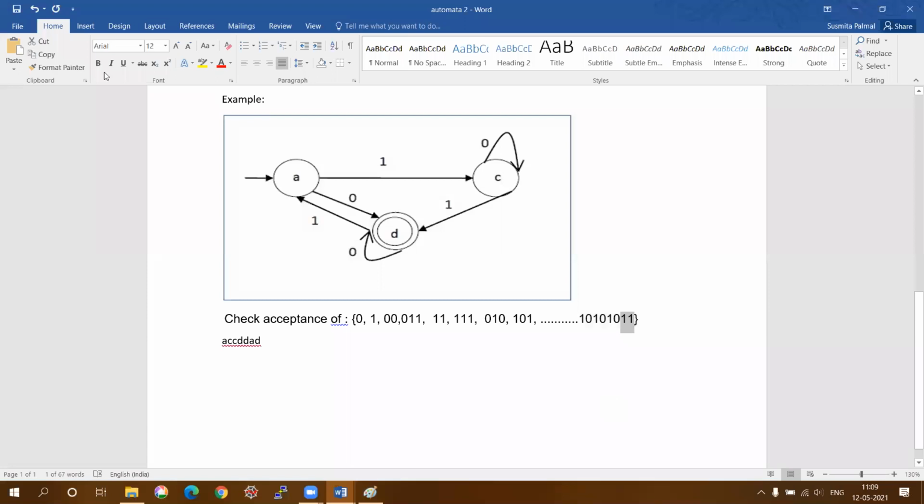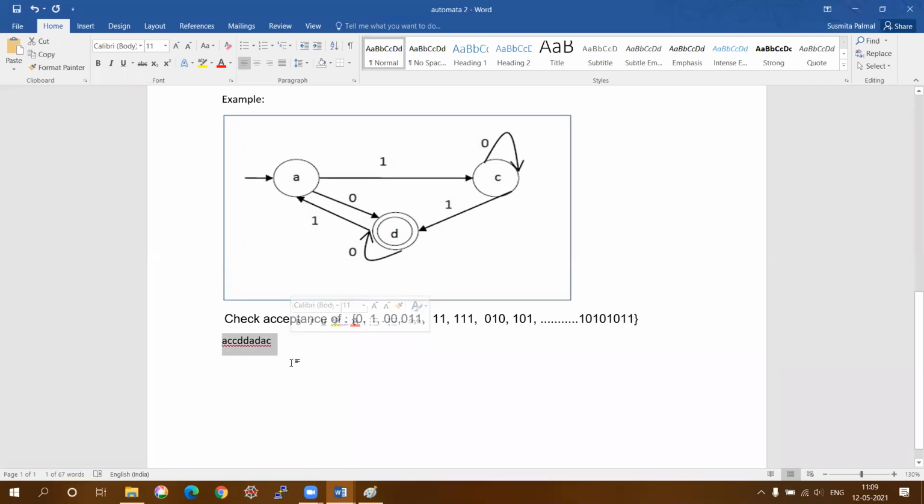From state D, we use 1, the first symbol of the remainder. So from D, using 1, we go to A. Which symbol is remaining? That is 1. So from A, using 1, we are going to state C. So this is the sequence of our states, or the sequence of the transitions.